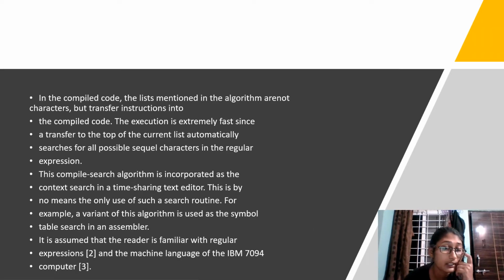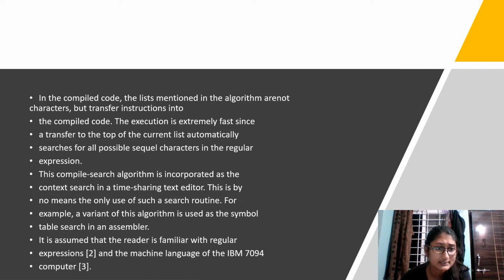In the compiled code, the lists mentioned in the algorithm are not characters but transfer instructions into the compiled code. The execution is extremely fast, since a transfer out of the current list automatically searches for all possible key characters in a search expression.